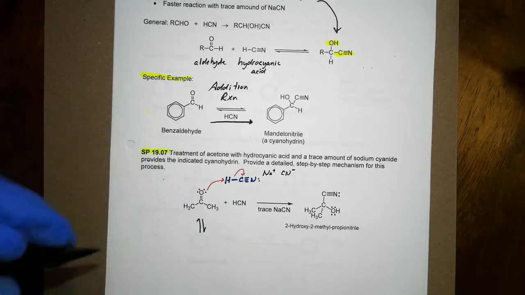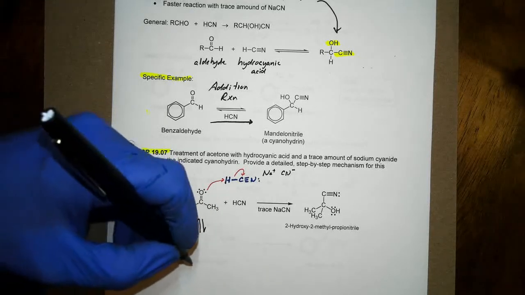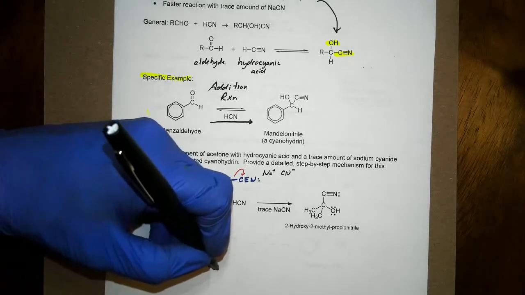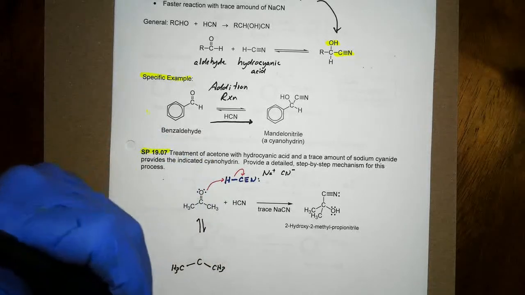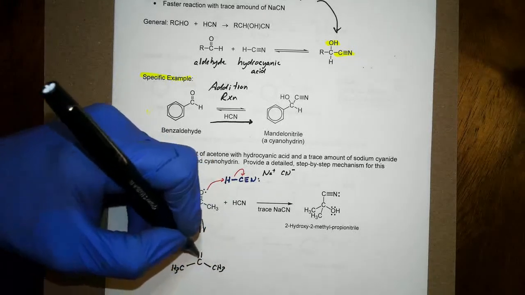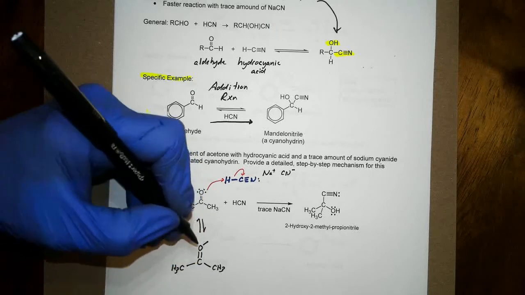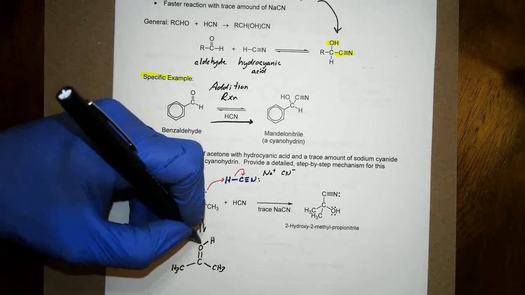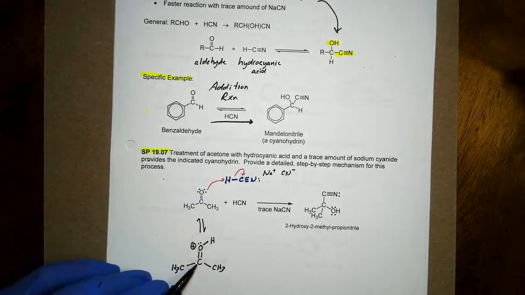So we're going to set up an equilibrium here between these two. Let's take a look at that. All right, so these methyl groups are intact just like they always were. Nothing's going to happen down there. But now we have a carbonyl, and that carbonyl is suddenly extremely reactive, way more than it was before, because you've protonated the oxygen, okay, which makes this carbon way more electrophilic than it was before.